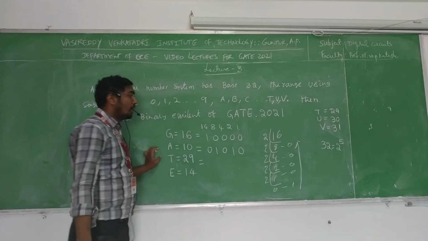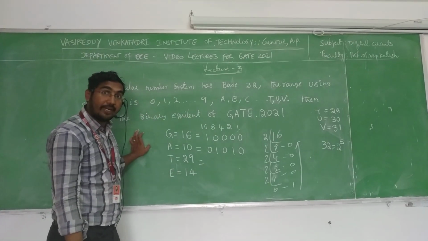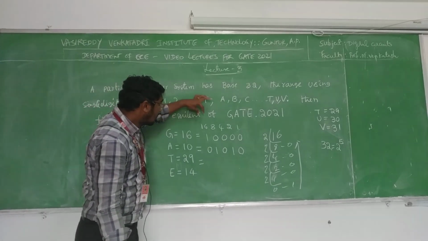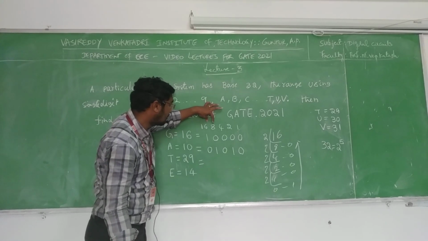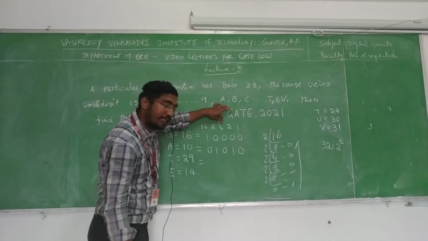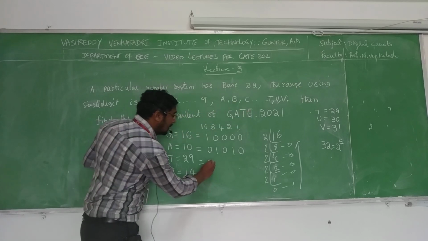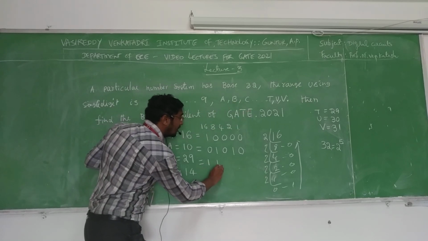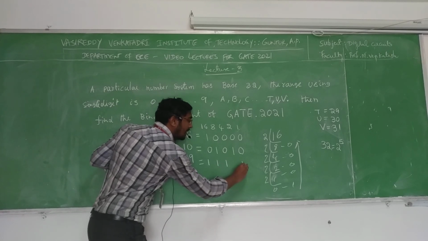Then T, 29. How to do this? I have to add the weights. 16 plus 8 is 24, 24 plus 4 is 28, and then after 28, I have to get 29, so I add 1. 28 plus 1 is 29.